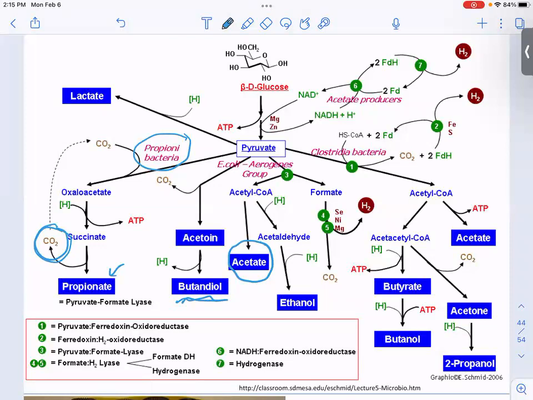Here's another cool one, the Clostridia bacteria, Clostridium. I know we talked about them in here as being organisms that can sporulate, that can produce endospores. Some of you have worked with patients maybe, or maybe you've had C. diff yourself. I've talked to college students that have had Clostridium difficile. That organism, when it ferments, makes this intermediate butyrate.